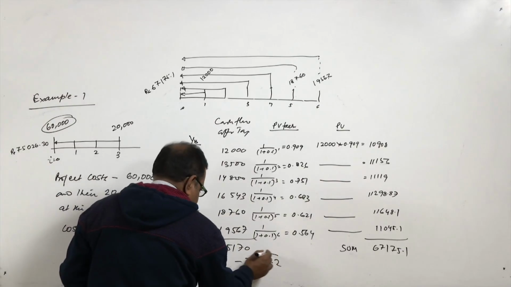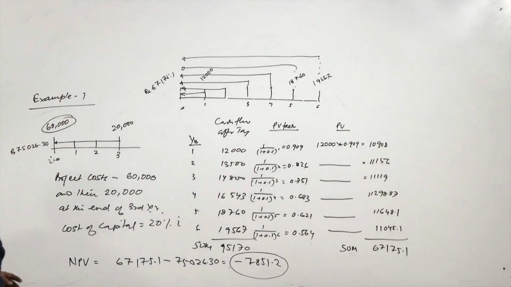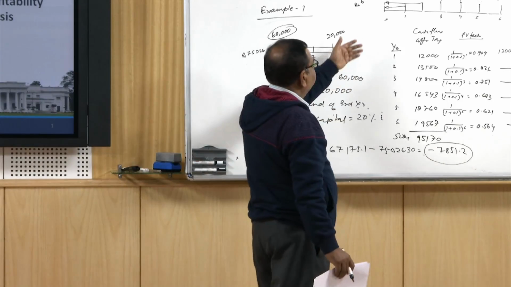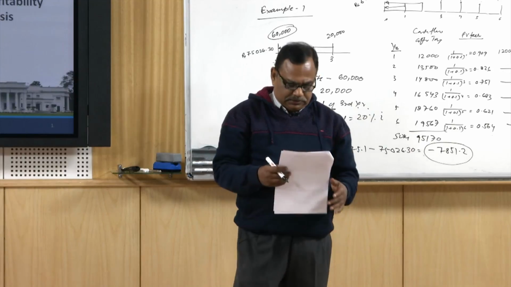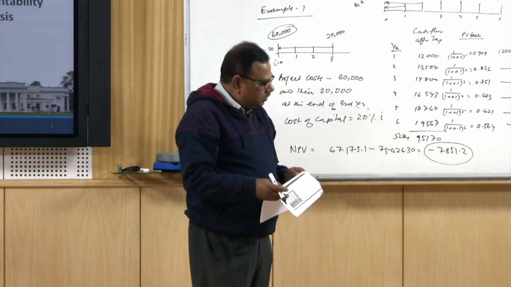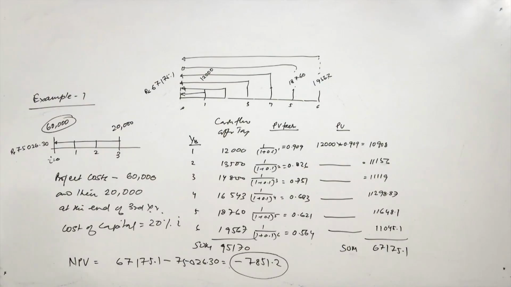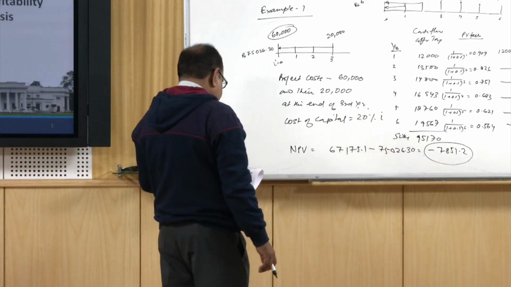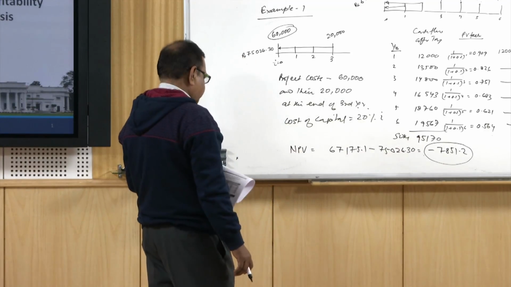So this is a negative quantity. That means whatever I am investing, I am not getting back due to the profit. So my conclusion is, as the value of the NPV is negative, the project is not acceptable.